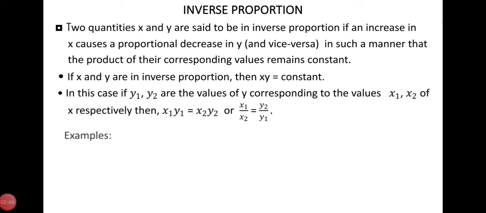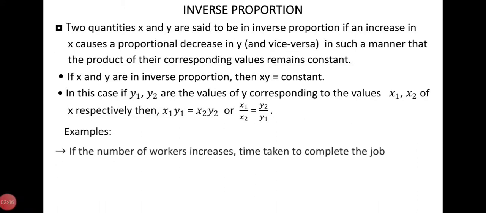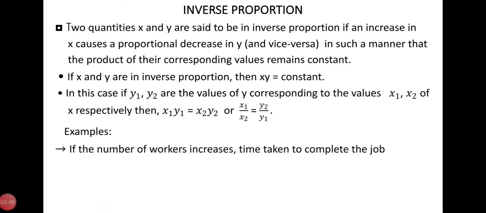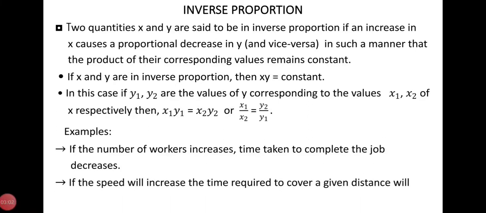Let's see some examples. If the number of workers increases, time taken to complete the job decreases. You know that if more persons are working together, it takes less time to complete the given work. If the speed increases, the time required to cover a given distance will decrease.